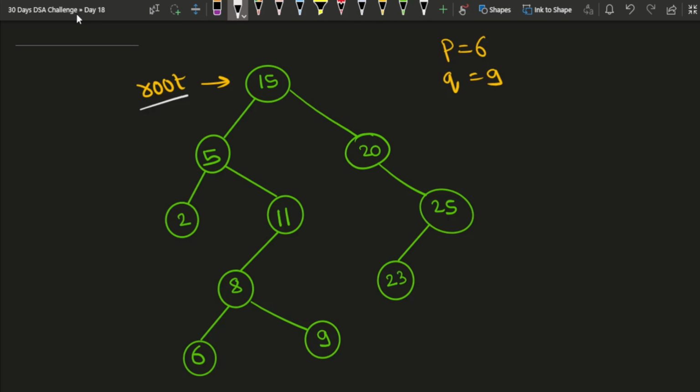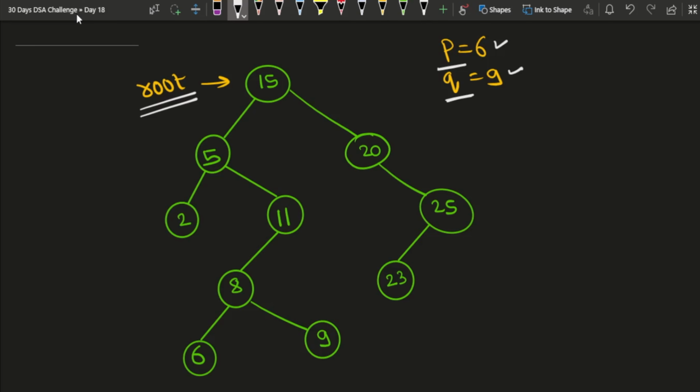So now let's say initially I'm standing here in my root node and I need to find out the lowest common ancestor for this 6 and this 9, right? So what is the first task? The first task is to find this node P and this node Q in my binary search tree. Firstly, I need to find out where is this node P and where is this node Q in my binary search tree.